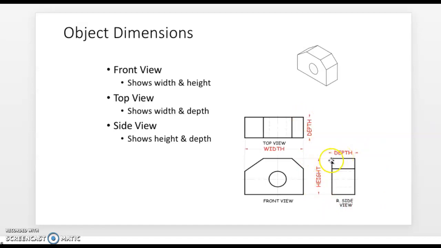We can't see width because the width is down this plane. But again, please don't get confused if we don't use width. Maybe we say length. Maybe we say how tall it is instead of height. Maybe we say how deep the part is instead of depth. As long as your dimensions and sizes are correct, that's okay.